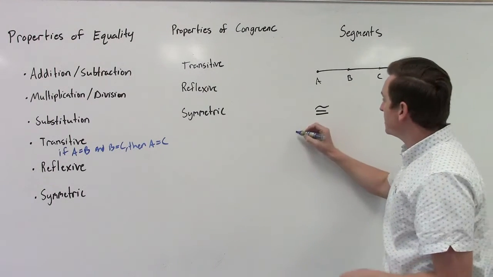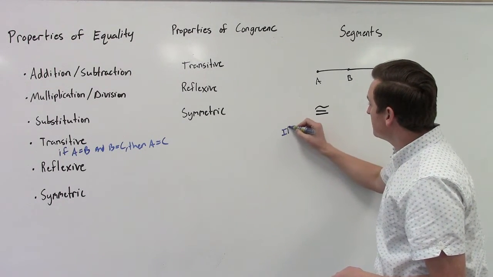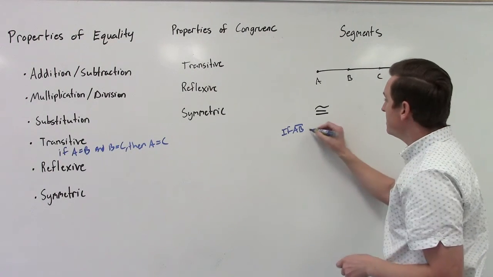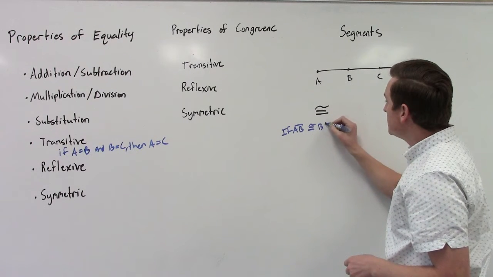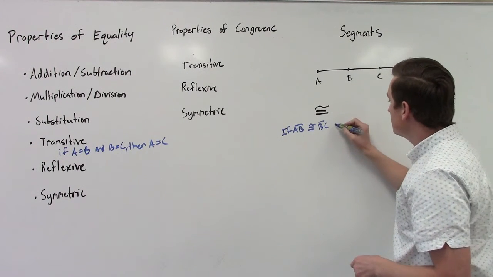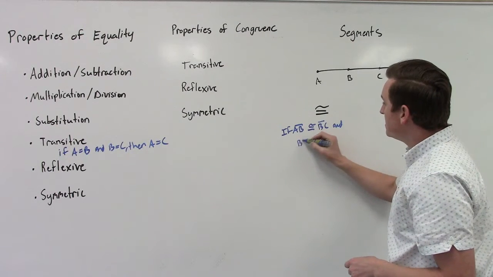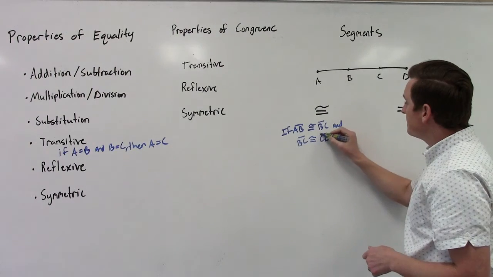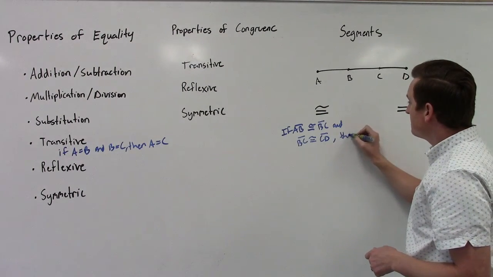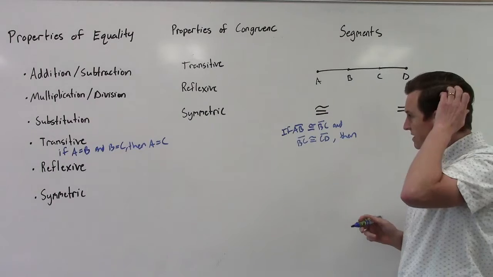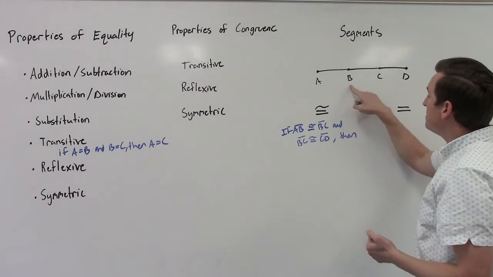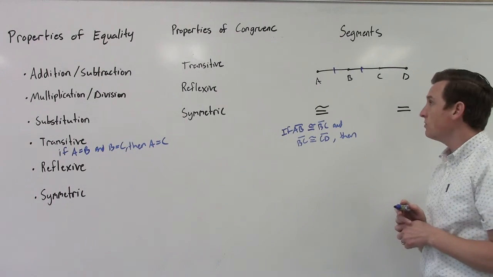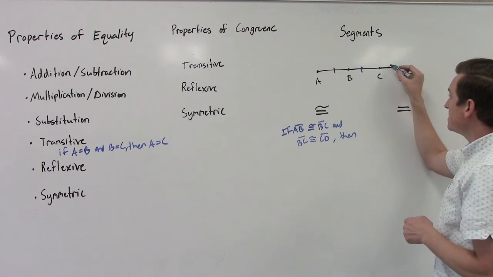But we're not talking about numbers, we're talking about segments when we're talking about congruence. So we're going to say something like, if segment AB is congruent to segment BC, and segment BC is congruent to segment CD, then what? Let's break this down. AB is congruent to BC, but BC is congruent to CD.